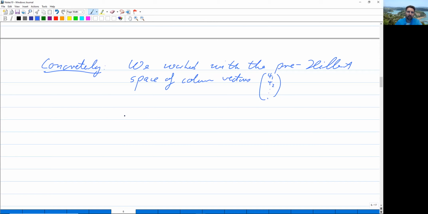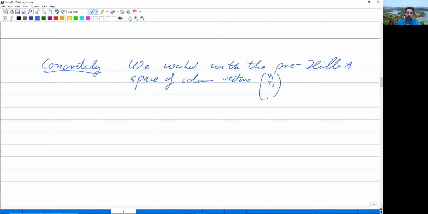And why is it the pre-Hilbert space? Well, let's be careful about it. Let's say we want to be on the safe ground of linear algebra. So let's assume that these column vectors have only a finite number of non-zero entries.